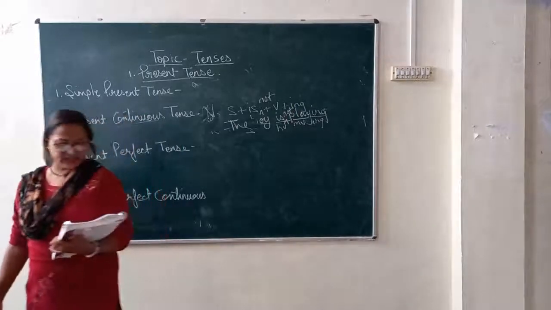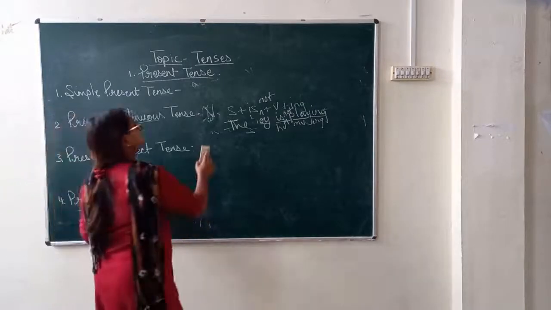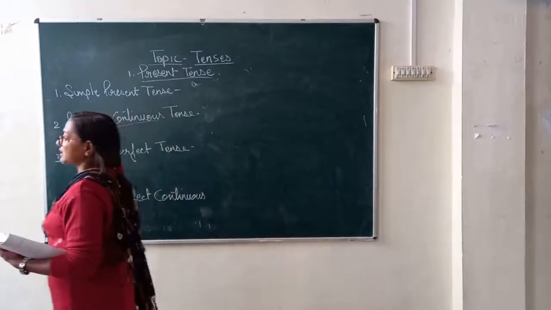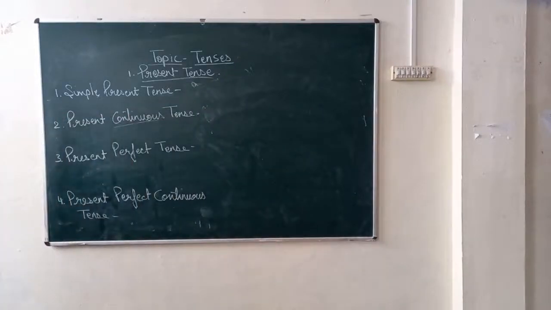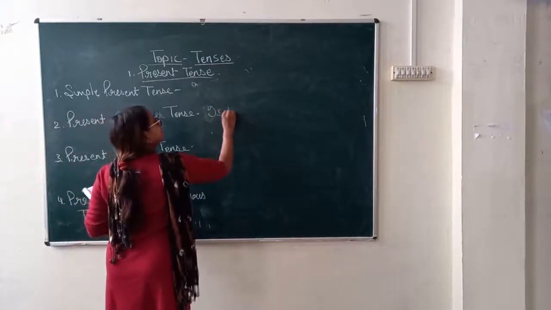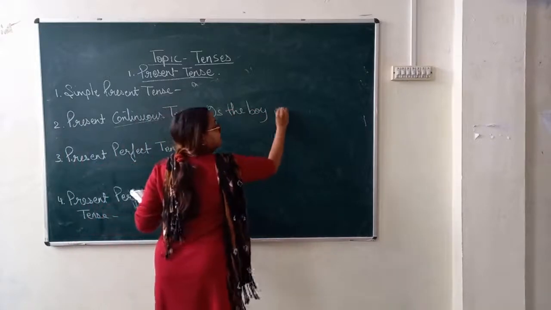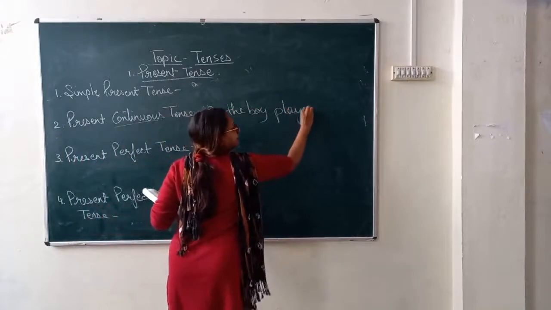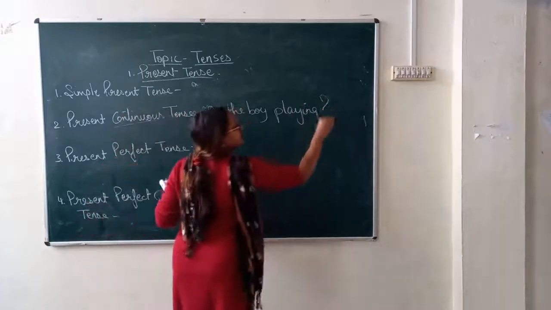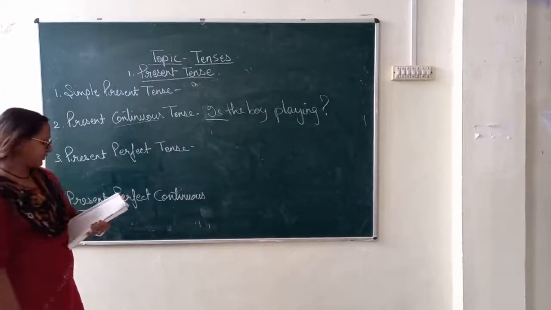Then in the interrogative sentences, you will use the helping verb is at the beginning of the sentence to change it into interrogative form. Like, is the boy playing? So with is, the question is formed.